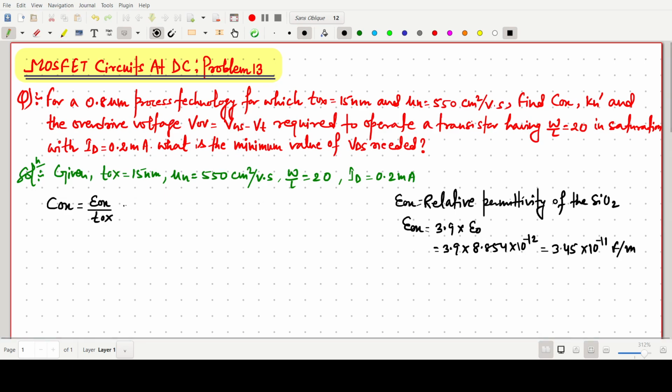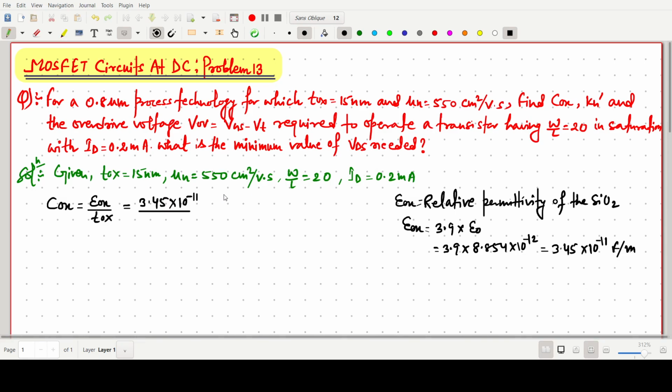In the earlier video, in problem number 12, I have already discussed, but again I am writing this formula here. So COX is epsilon ox, that is 3.45 into 10 to the power minus 11, divided by oxide thickness. Oxide thickness is given 15 nanometer, so it should be 15 into 10 to the power minus 9. So now we have to solve this one.